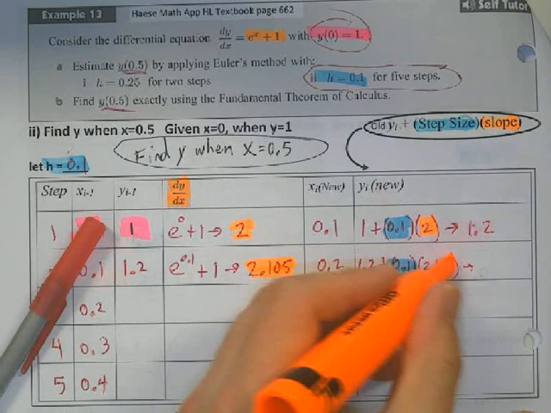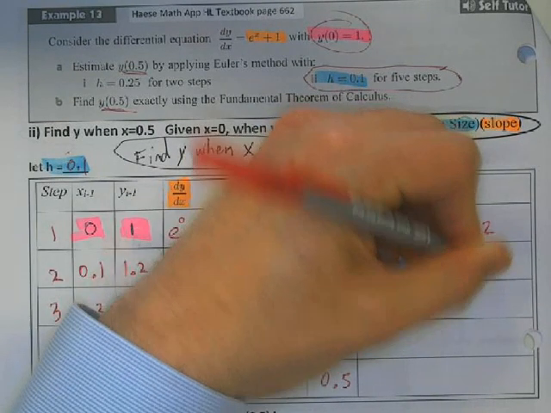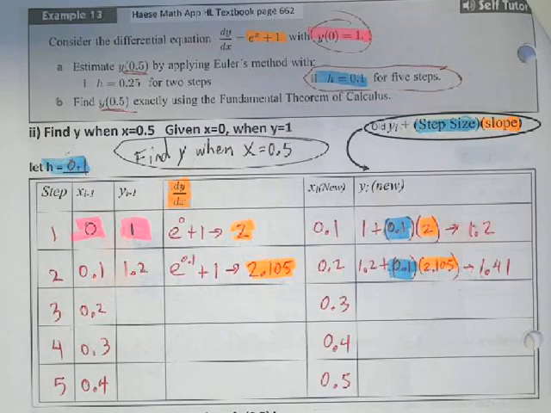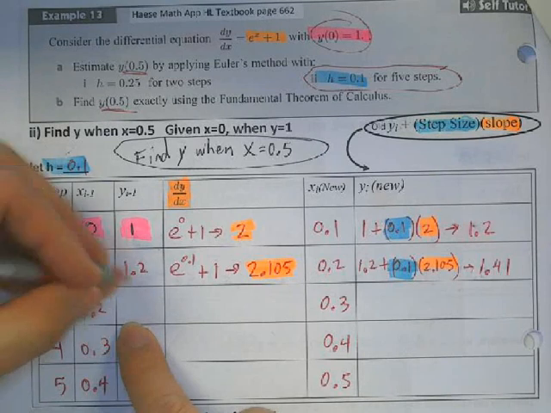And once I put it into my calculator, I get 1.41. Now that becomes the next y, 1.41.